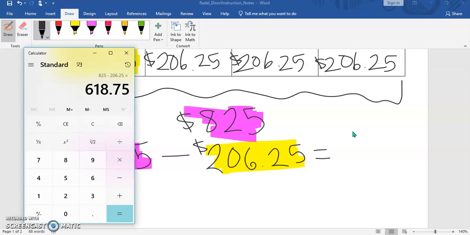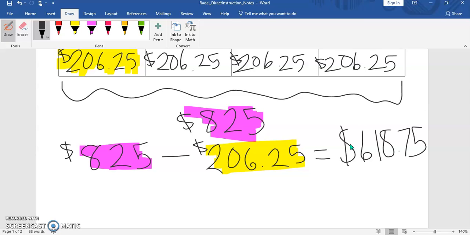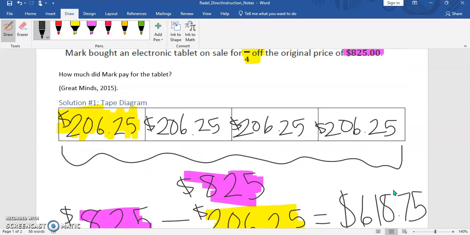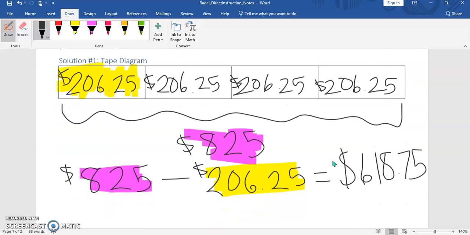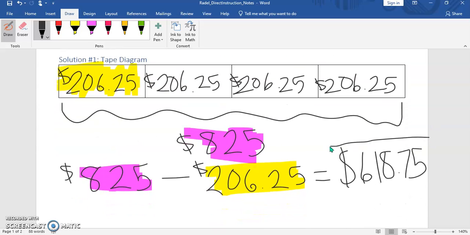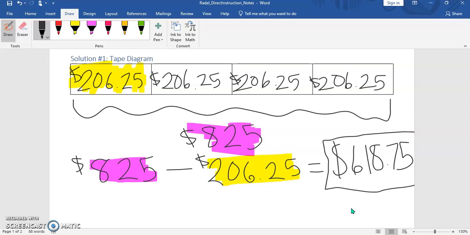So let's write this over here. $618.75. Let's make sure that we answered the question. How much did Mark pay for the tablet? Mark paid $618.75. So that's one way that we can solve this problem.